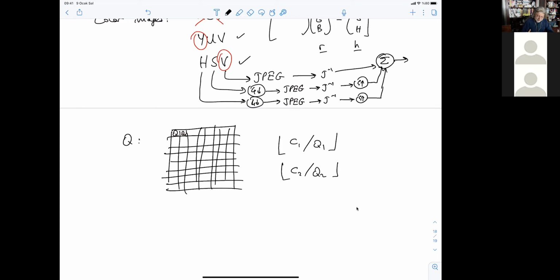These operations become more and more significant, or they harshly quantize, if these Q1s, Q2s, etc. are very large. So if these numbers are large in your quantization table, that's the name, then you quantize more.